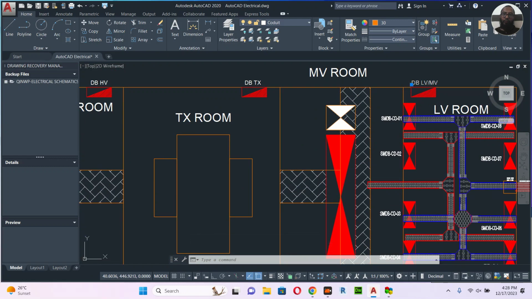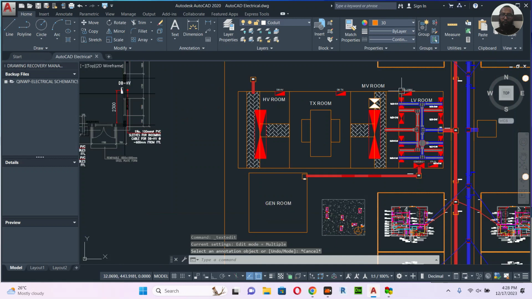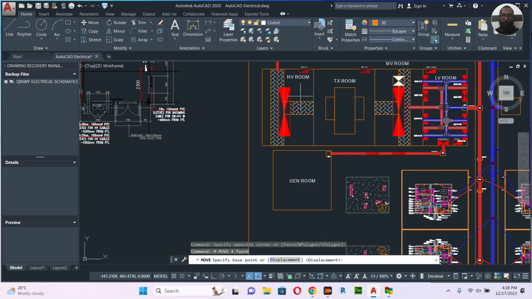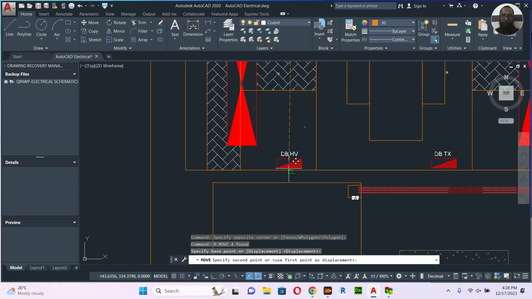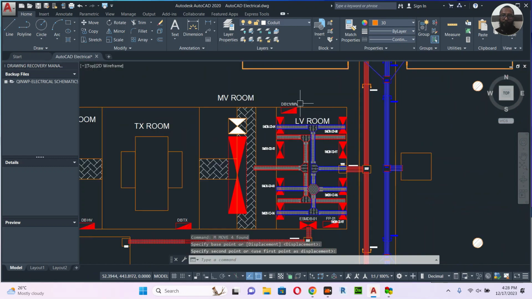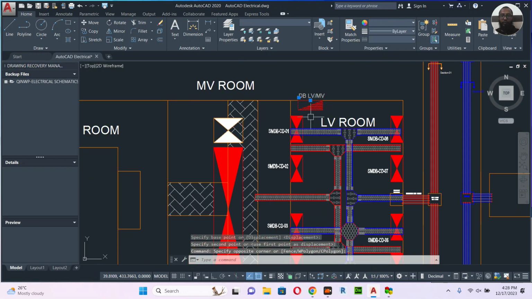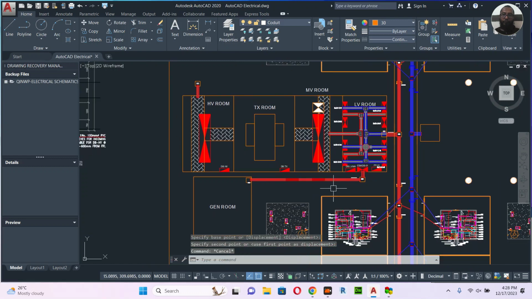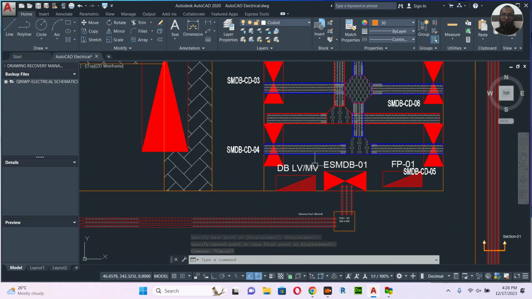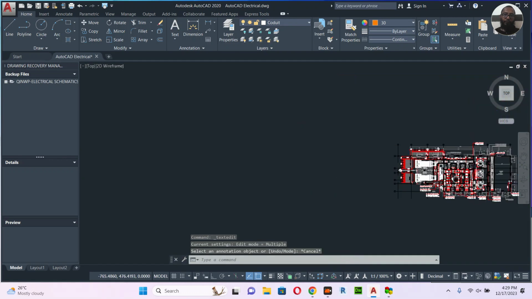So we need more dBs. I have dB LVMV. Let's copy. Then this one will be fed from here. Let's move all this to here, so it will be easier to feed the power. So we have dB, let's copy this, dB LVMV.